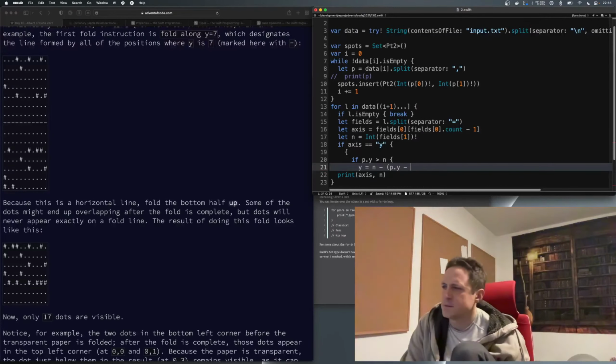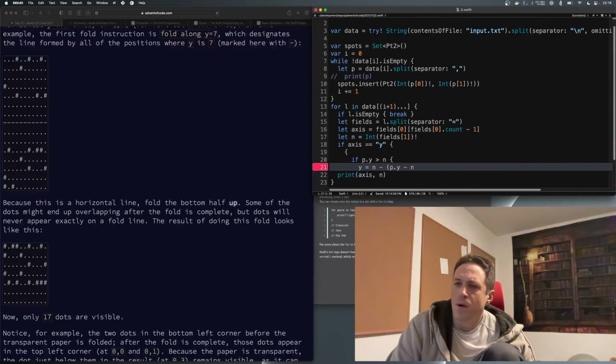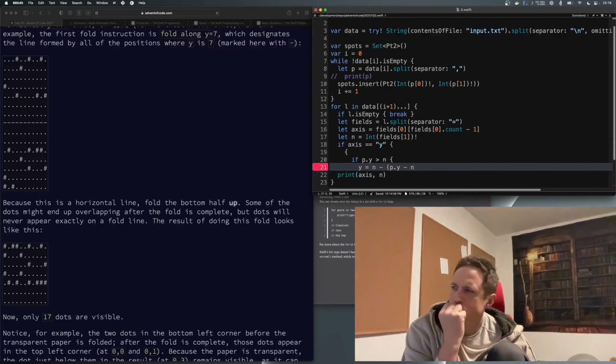No, that doesn't make any sense, does it? Py is definitely going to be negative. So it's going to be 2n minus py doesn't sound right at all. Because that'd be 14 minus 8. Well, it might be. Okay.